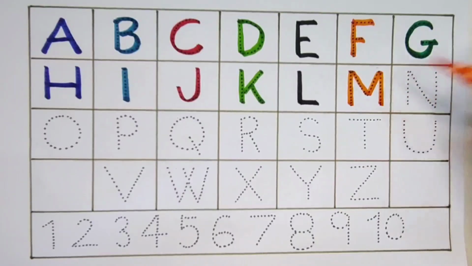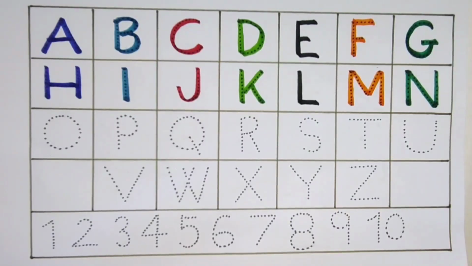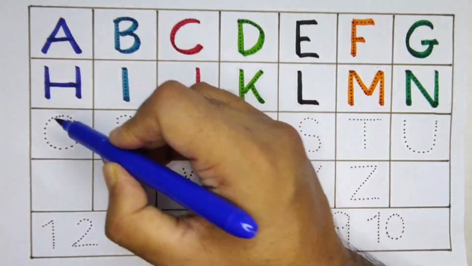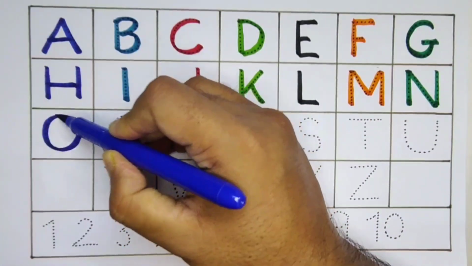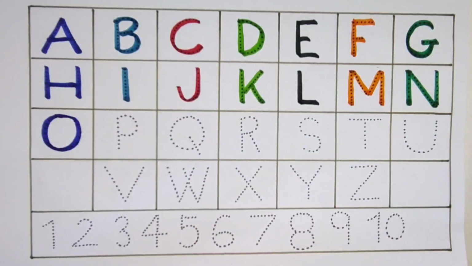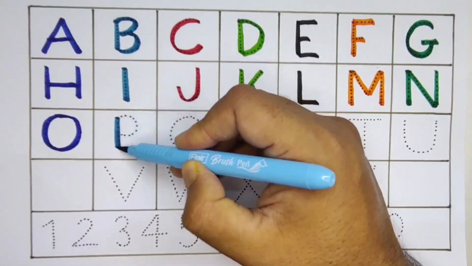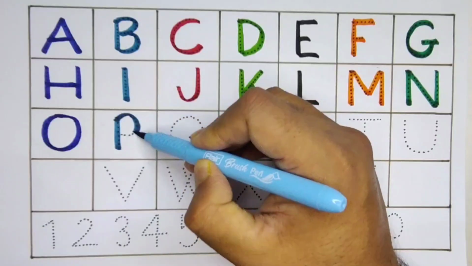M for monkey. N for nest. O for orange. P for pineapple.